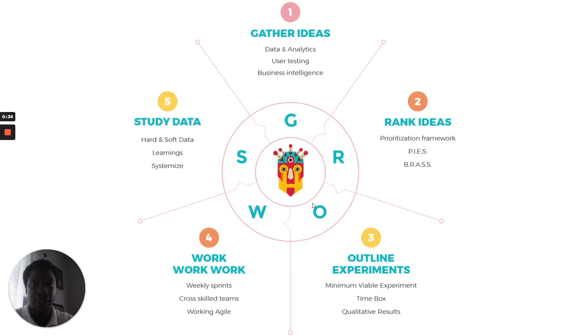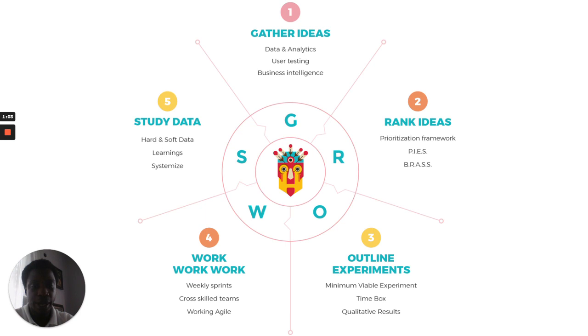The growth process is simply an acronym for a five-stage cycle that we use to constantly run experiments and to constantly grow in any startup organization. The first stage is to gather ideas, which is where we have the G. The R stage is to rank the ideas that you've gathered together.